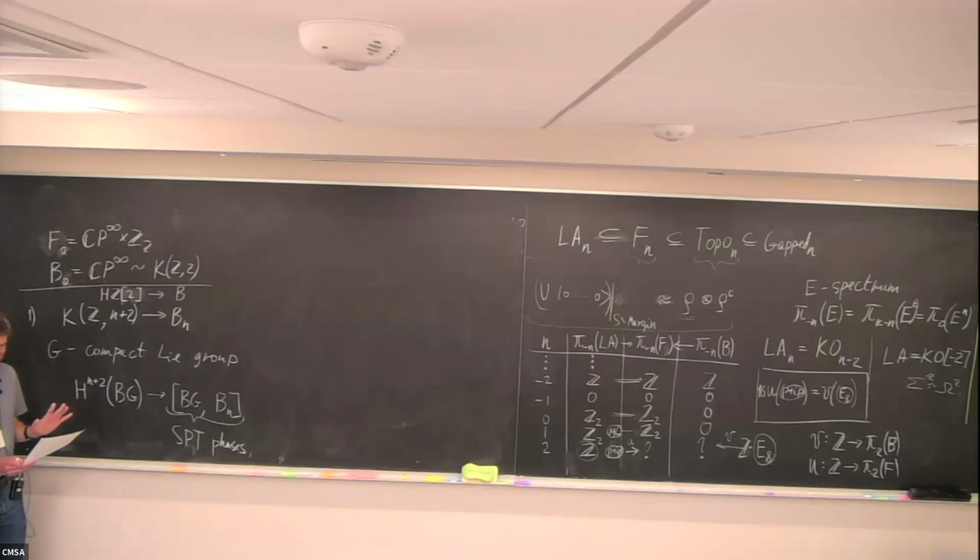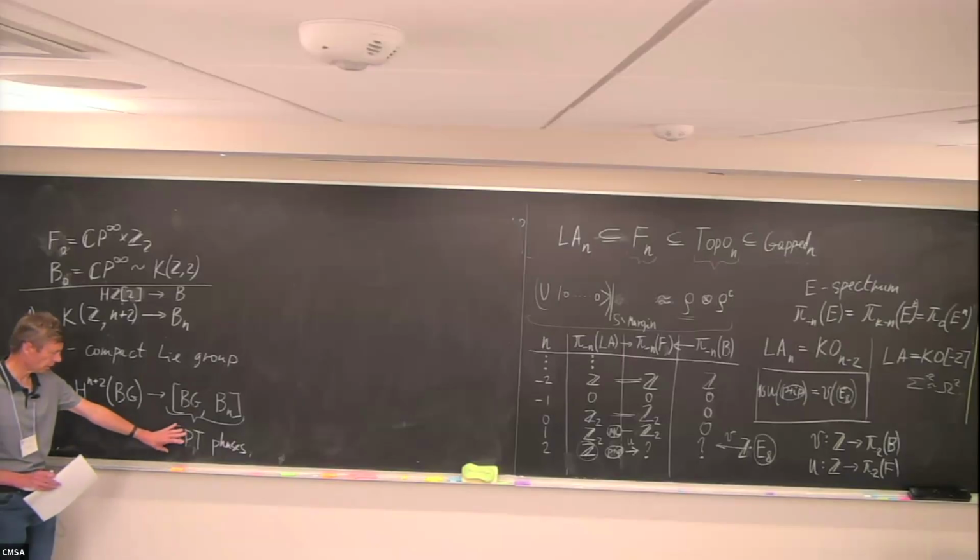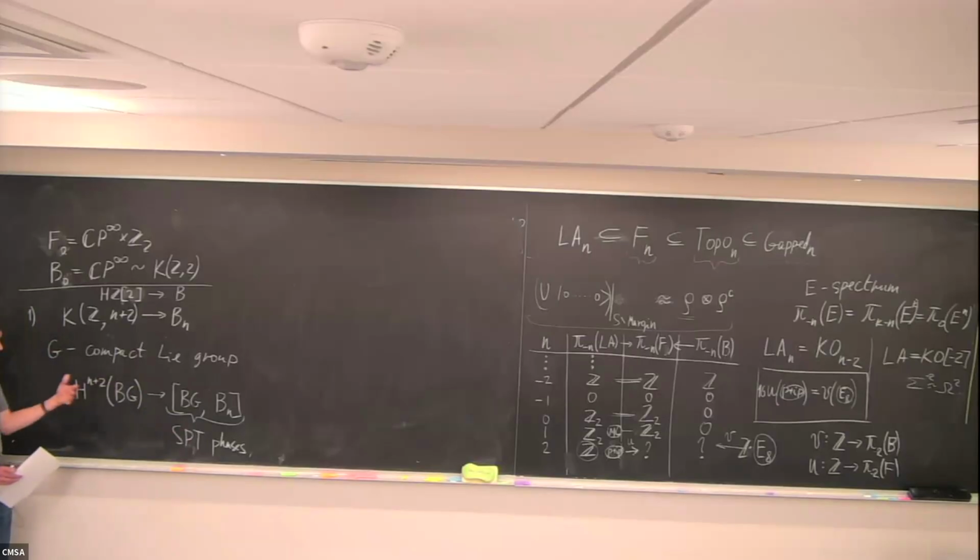And did I list all the authors? Okay, good. So they make this map very concrete. They constructed concrete SPT models. But one can argue abstractly that since such a map exists on the level of homotopy theory, such models should exist.